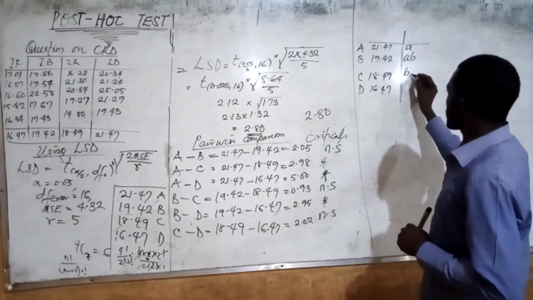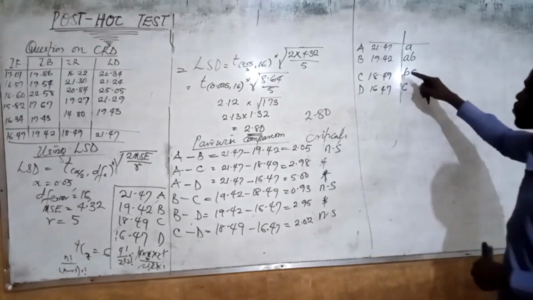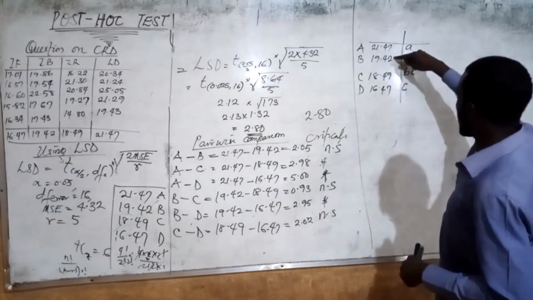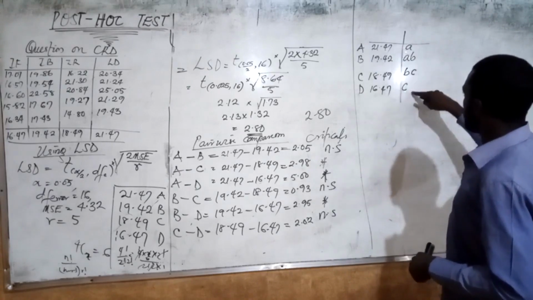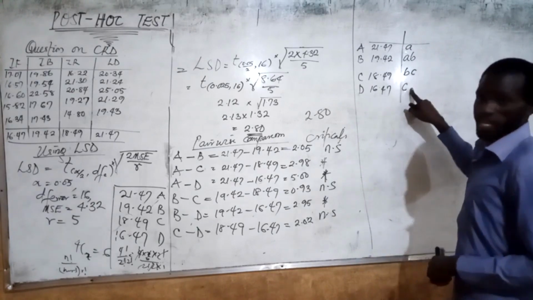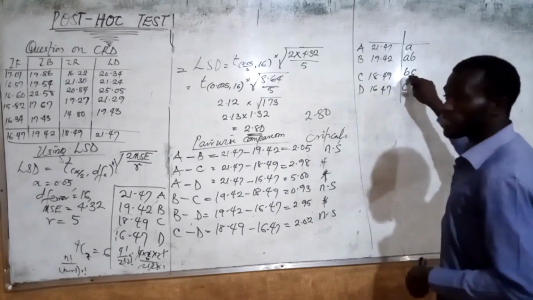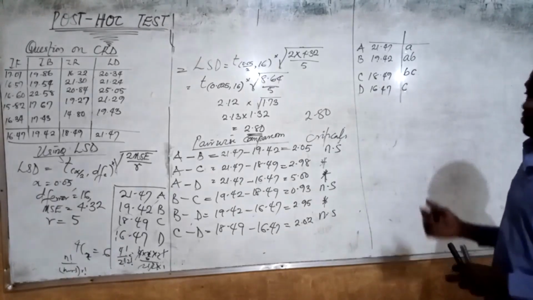Then we can put another letter, C and C here, to represent that there is no significant difference between these two. But if I check between the first and the last, it means there is significant difference because there is no letter that is common. Between means sharing a letter, there is no difference. Why? Because they share a letter. So that is the essence of this lecture.